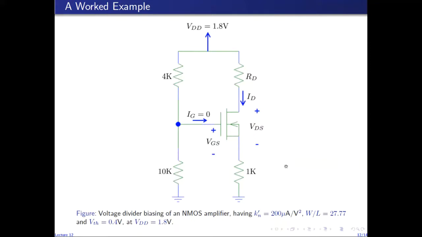Furthermore, I will assume that the aspect ratio is 27.77, and the process transconductance is 200 microampere per volt squared. We are given the resistance values R1, R2, and RS, and then we will solve the circuit for two different cases of RD.